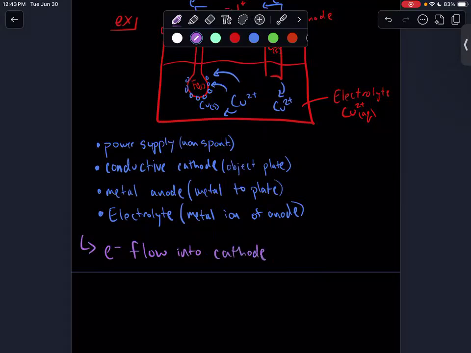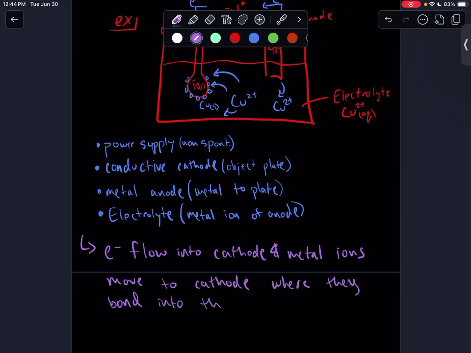So just to recap that, like any electrolysis, electrons flow into the cathode as it's being reduced, red cat, and metal ions move to the cathode. They're pulled by those electrostatic interactions where they bond into thin layers.